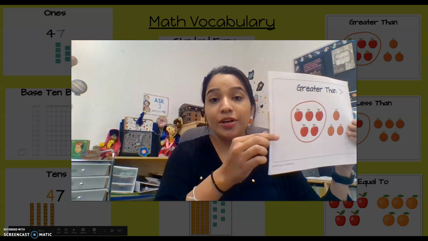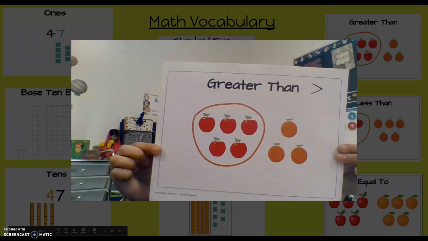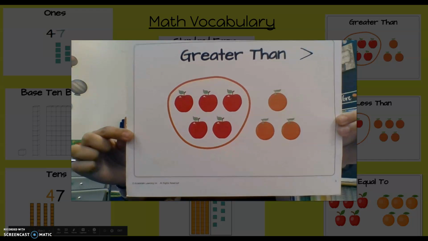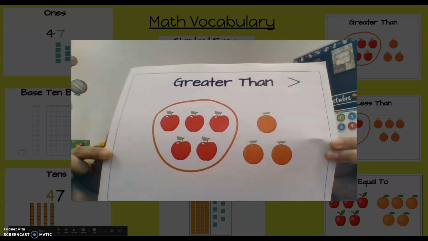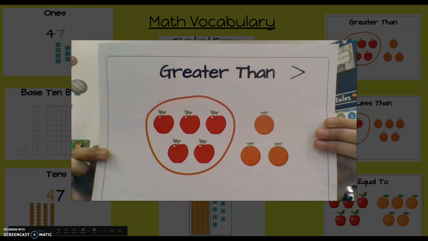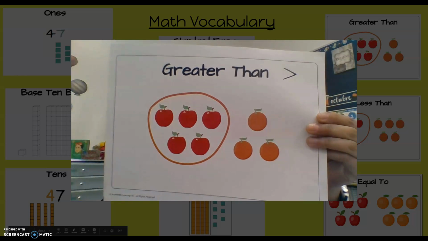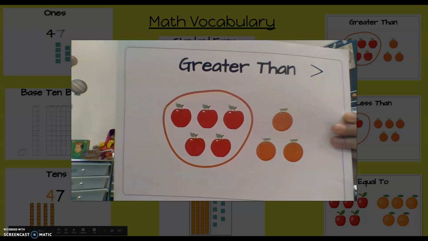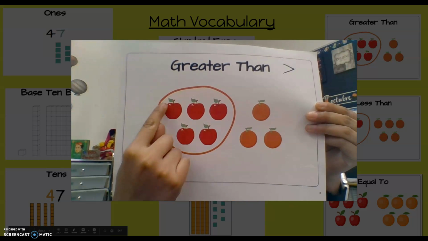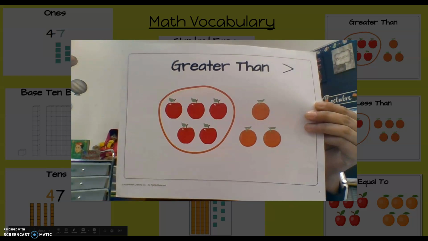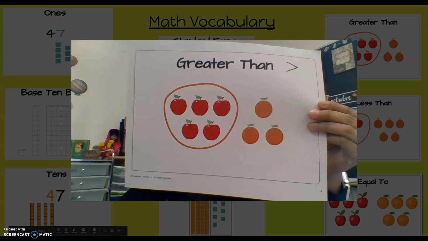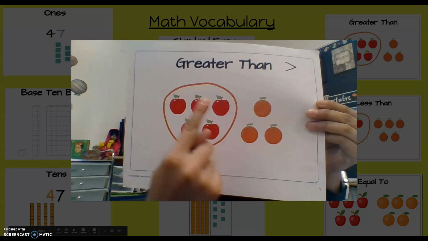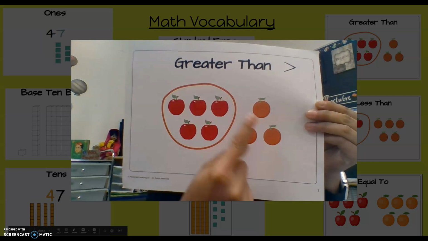Let's go ahead and start off with greater than. So greater than is represented with which one has more. So in this picture, we have 1, 2, 3, 4, 5 apples and 1, 2, 3 oranges. So which one has more? Do we have more apples or oranges?